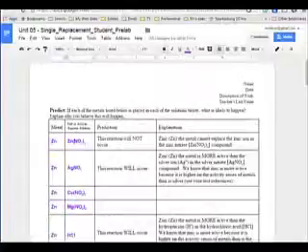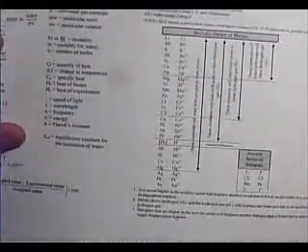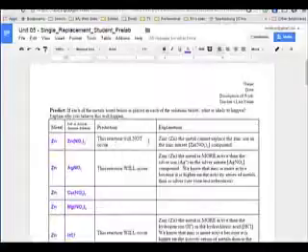Okay? So you're going to be using, I'm sorry, not solubility rules, but activity series. You're going to be using this activity series right here to make these predictions. So I said here this reaction will not occur. And I said zinc, the metal, cannot replace zinc, the ion, in the zinc nitrate compound.